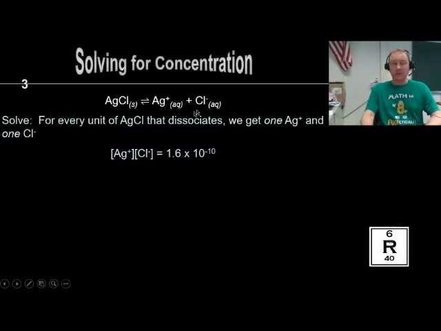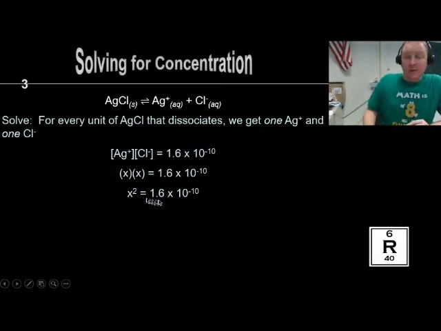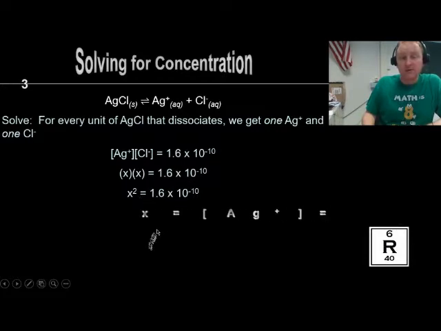If they're the same number, we can just substitute the same value for them. So x times x is going to be 1.6 times 10 to the -10th. Sorry, I think I might have said 7th. So x squared equals 1.6 times 10 to the -10th. To figure out what x equals, it would be the square root.